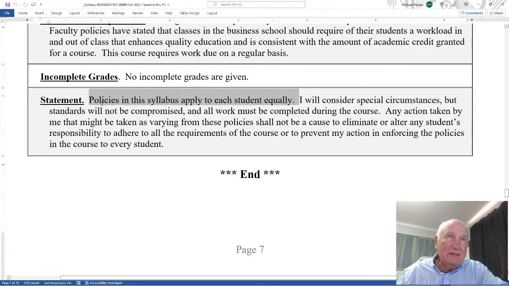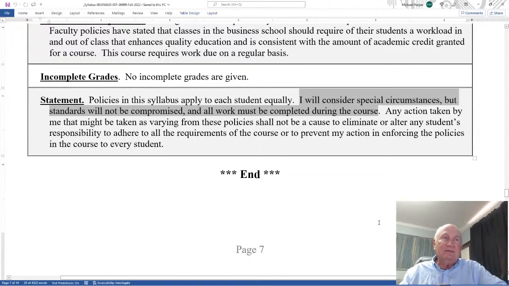And what I mean by that is that if someone wants a special case, then I will not violate the policies in this syllabus. However, I will consider special circumstances, but when I do, standards will not be compromised and all work must be completed during the course.